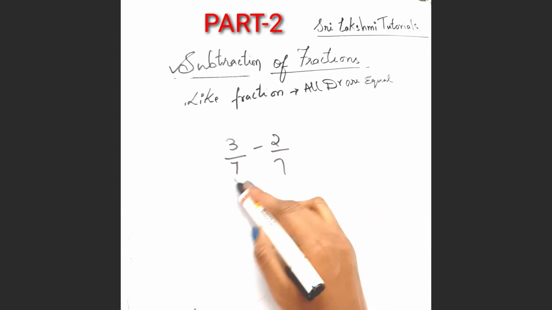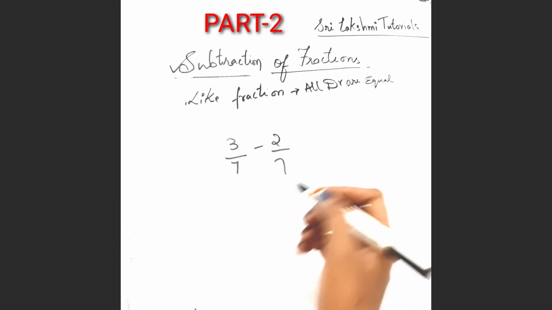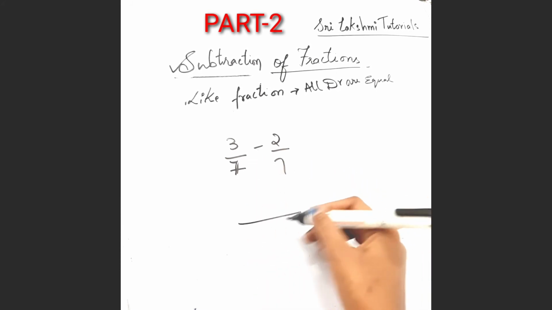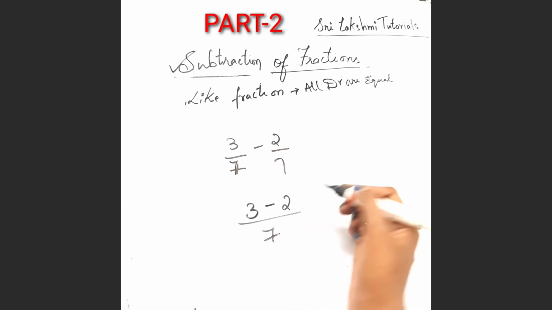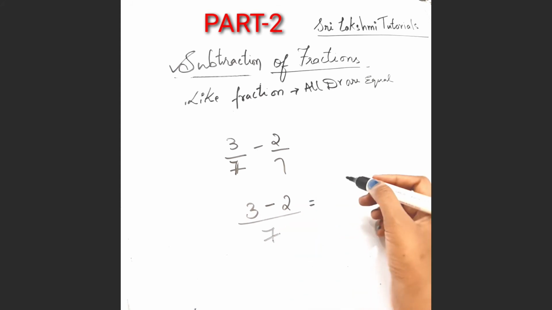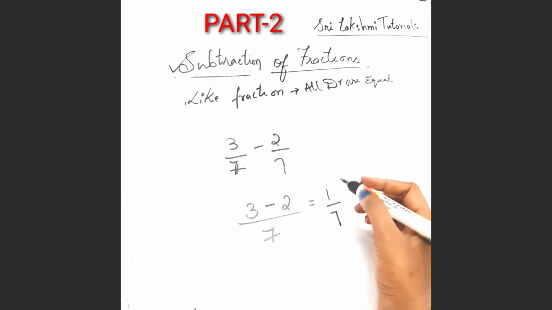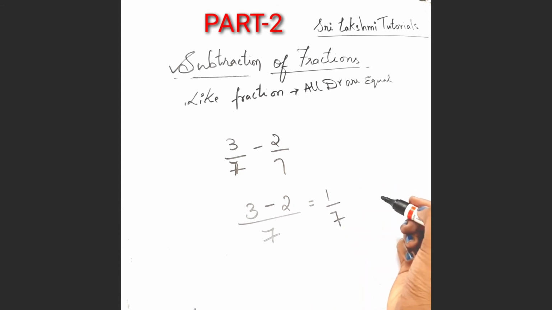3 by 7 minus 2 by 7. How will we subtract this one? Now both are like fractions. So take only 1 time. 3 minus 2. How much? 1 by 7. 3 minus 2 is 1. The fraction is 1 by 7.